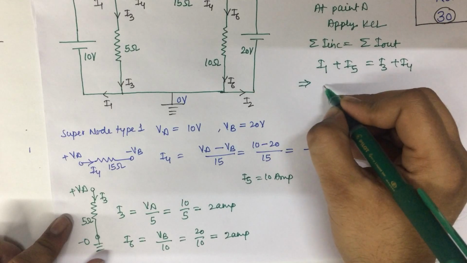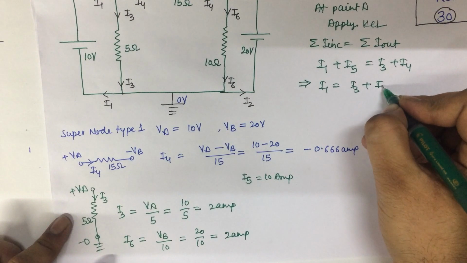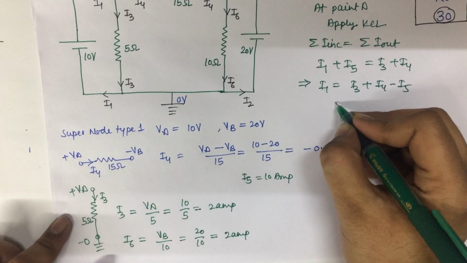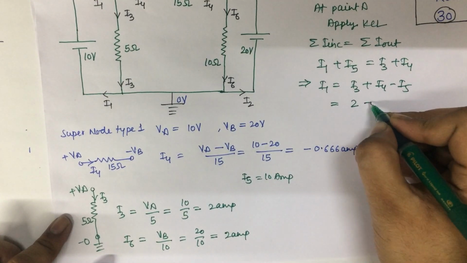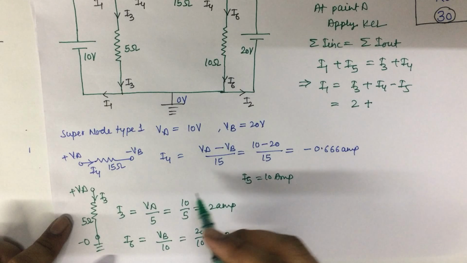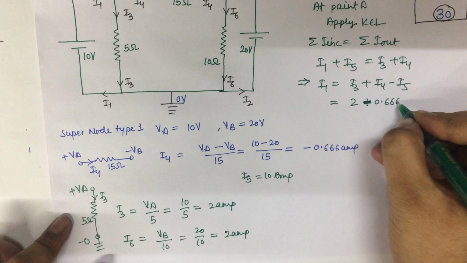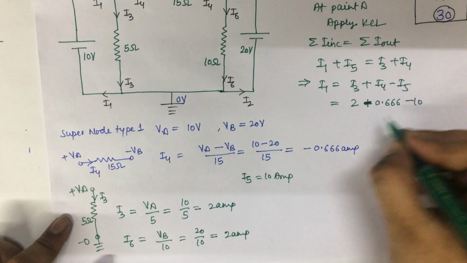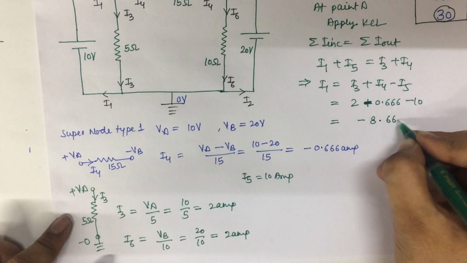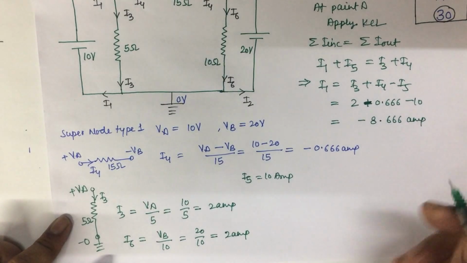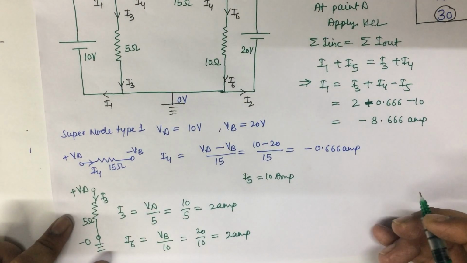So I1 is equal to I3 plus I4 minus I5. What is the value of I3? 2. I4 is minus 0.666 and I5 is 10. After solving this, it would be minus 8.666 ampere. In this way we find out the current supplied by this voltage source.